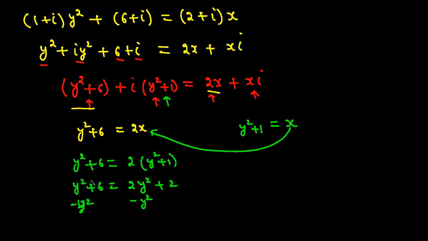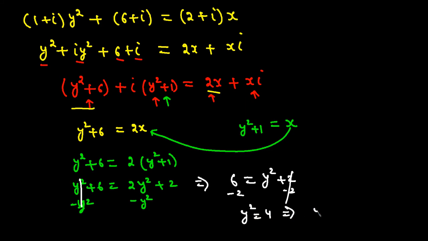We'll cancel these out, and therefore we got 6 is equal to 2y square minus y square gives me just y square plus 2. Take out 2 from both sides. We left with y square is equal to 4. Therefore we got y is equal to plus or minus 2. Okay, then you can plug in this y value here and you can find the value of x.